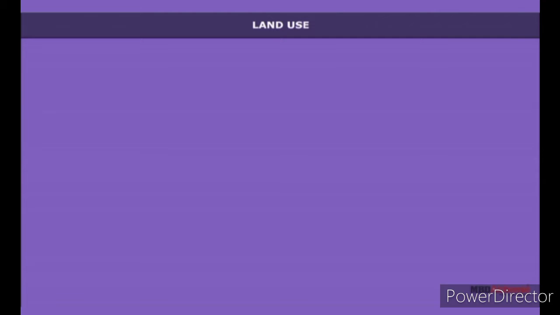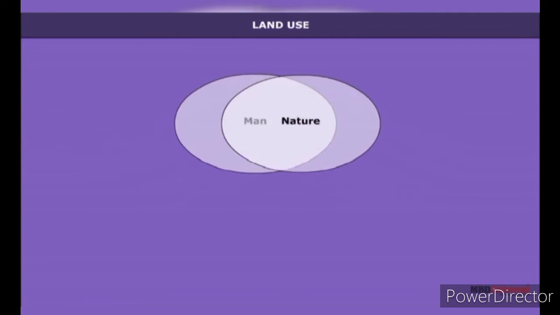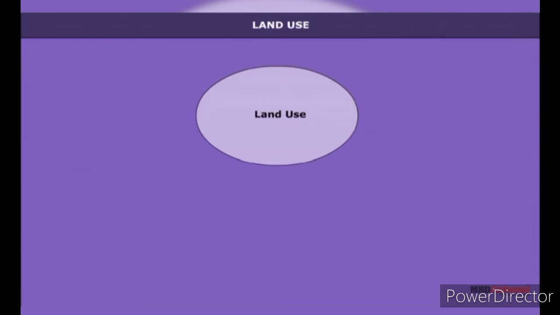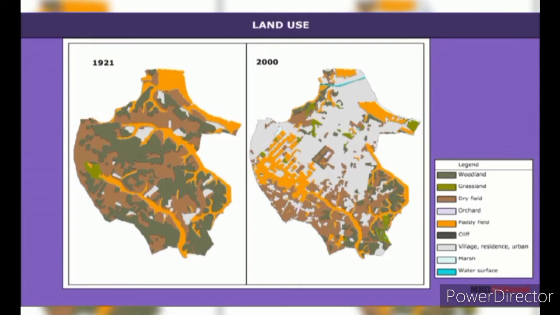Land use. The use to which land is put both by man and nature is together described as land use. The proportion of land put to particular use and its distribution over an area or the world is known as land use pattern.